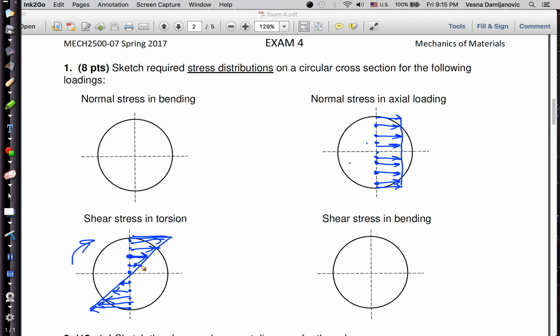So notice this line that goes away from the line where the points are, and then the line that presents the ends of these vectors, which is basically the magnitude. How much? This much. This is 50. This is 35. This is 15, and this is 0. Okay. The arrows are touching that line, whereas at the lines where we're looking at the points from which we're going to look for the stresses, there are no arrows at those points.